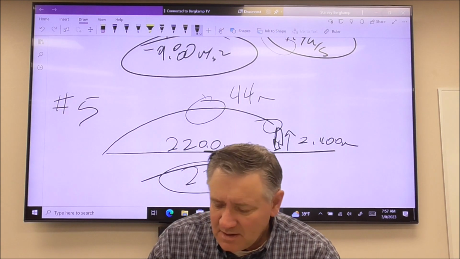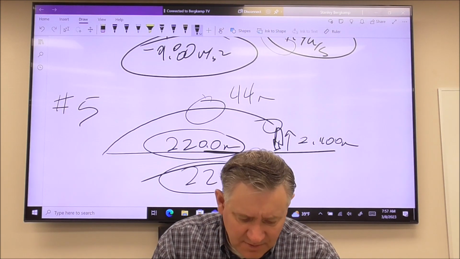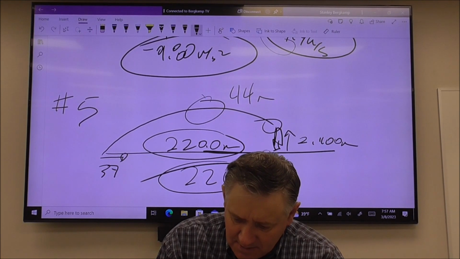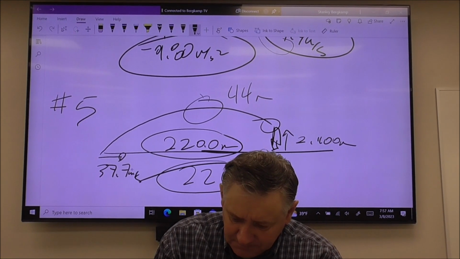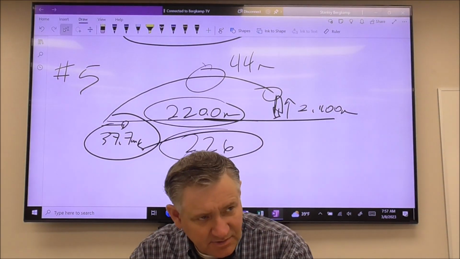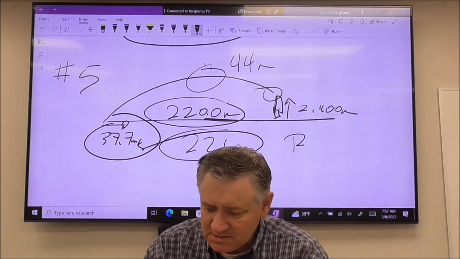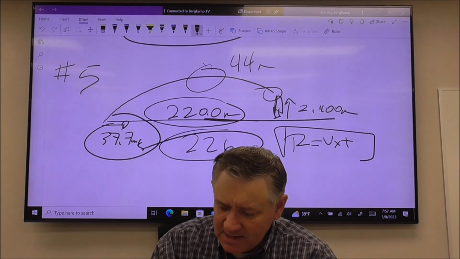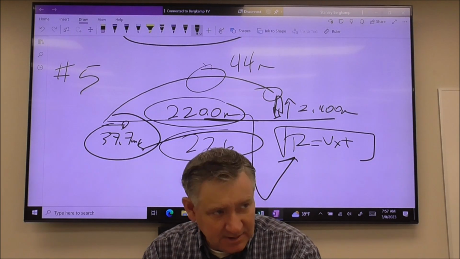Now, here's the story. You know your Vx, which is 37.7 meters per second. This thing is 220 meters away. So if you look at range equals Vx times time, you know it has to travel 220 meters.